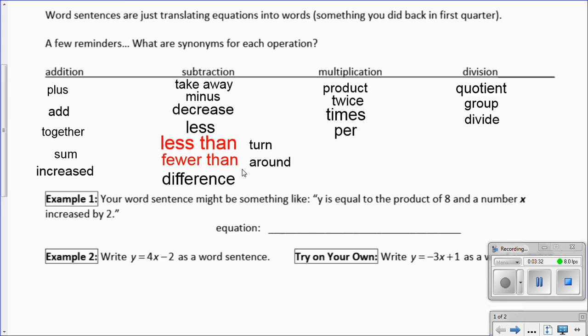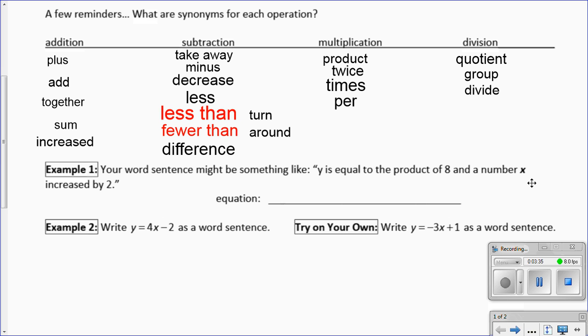So, example 1, we get a word sentence, and we have to write the equation for it. So when they say y is equal to the product of 8 and a number x increased by 2, well, y, that's the start of your equation, is equal, so that's an equal sign. The product means to multiply.